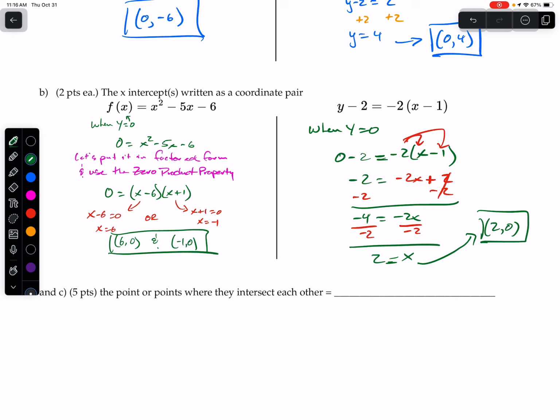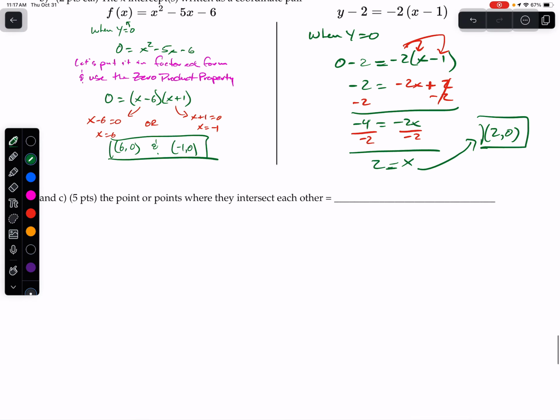And the point or points where they intersect. So let's write down our function. So what we want to know then is there's some point x comma y that works in both equations. Well, I've already got y equals x squared minus 5x minus 6 for that bit.